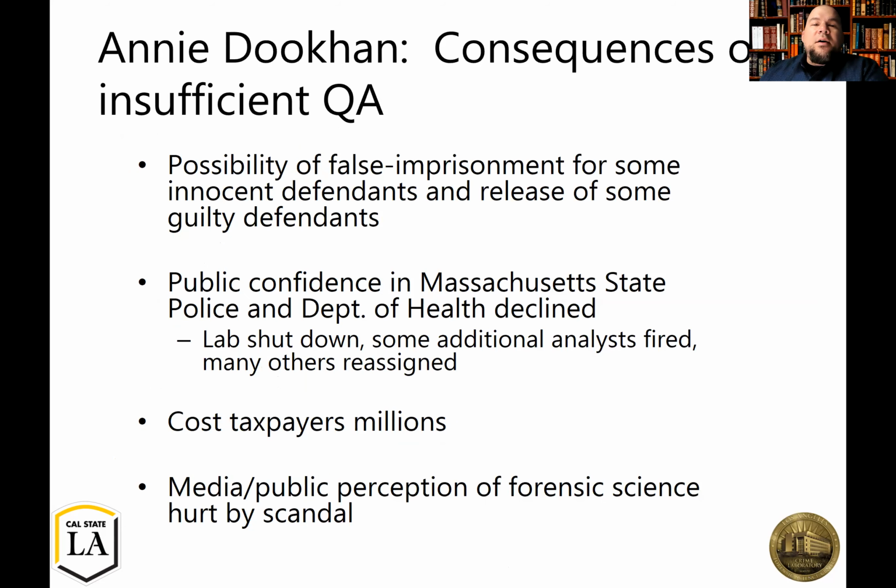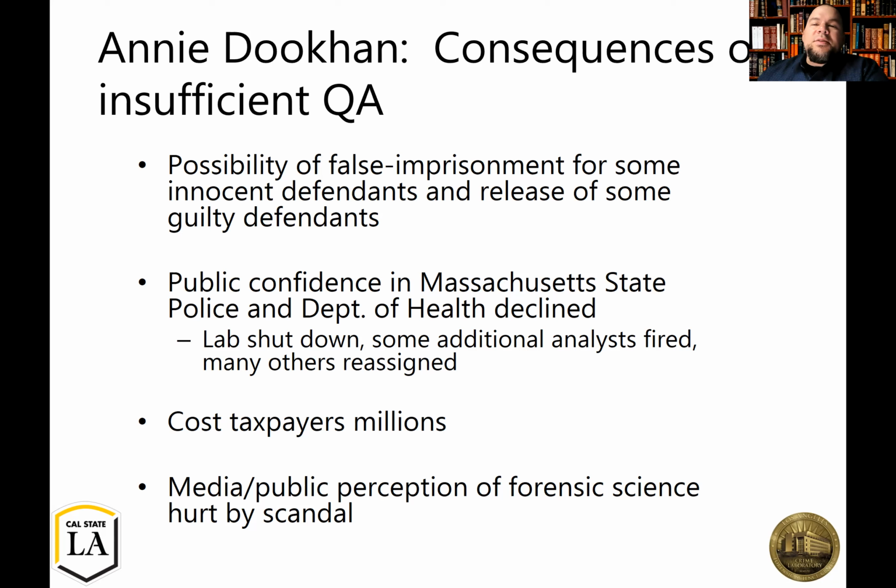So with Annie Dookhan, how did this happen, right? You could put a square amount of blame on that Massachusetts laboratory system by itself, right? Some of the things that occurred with that case are just so inexcusable.